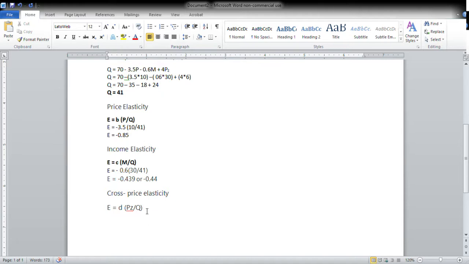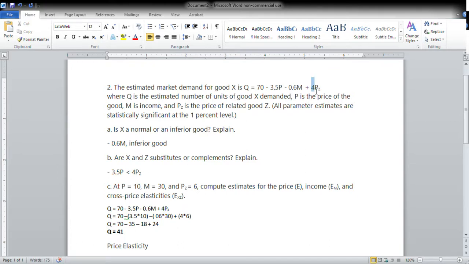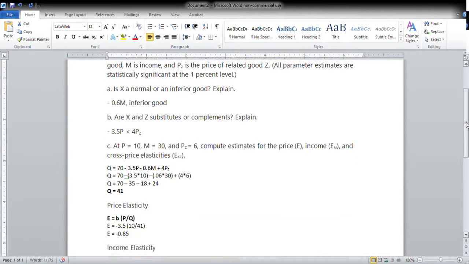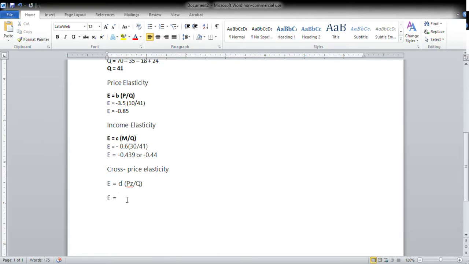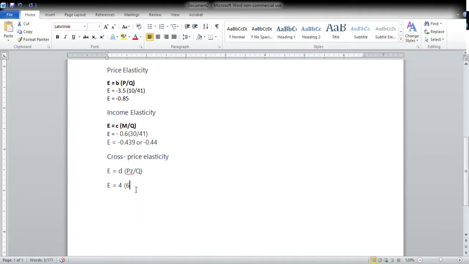So E equals the factor of the price of Z, which is 4, times 6, and we know that PZ is 6 because it says so right here in our problem. 6 over Q, and we found out that Q is 41, so now we can pretty easily solve this.